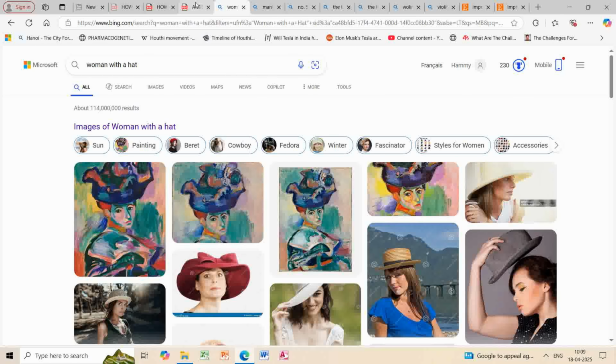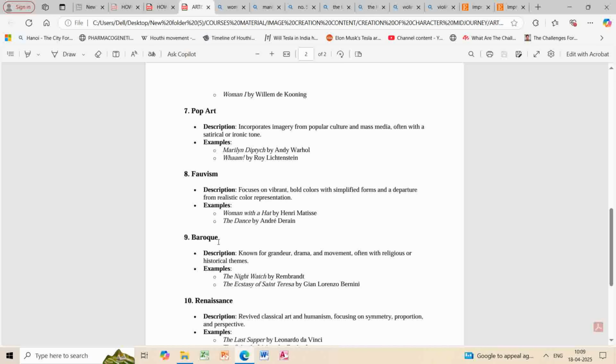The next style we'll be discussing is Baroque. This is known for grandeur, drama, and movement, often with religious or historical themes. For example, The Night Watch by Rembrandt.